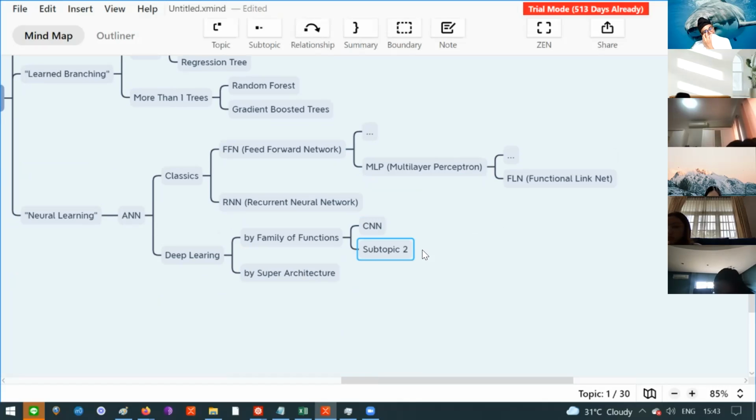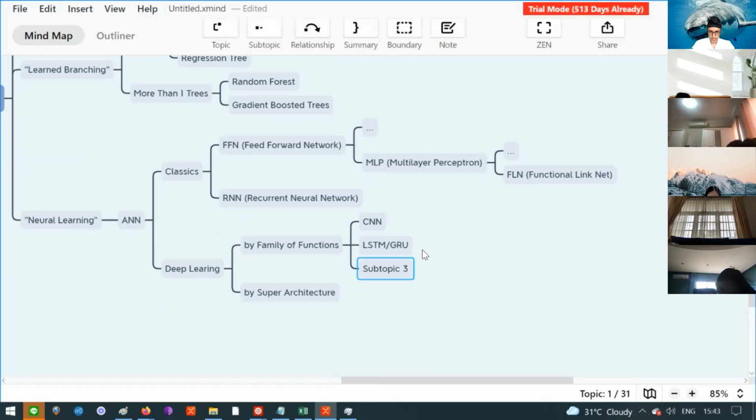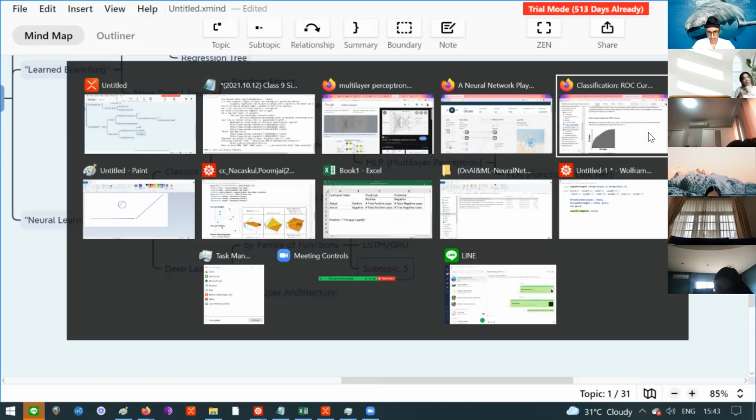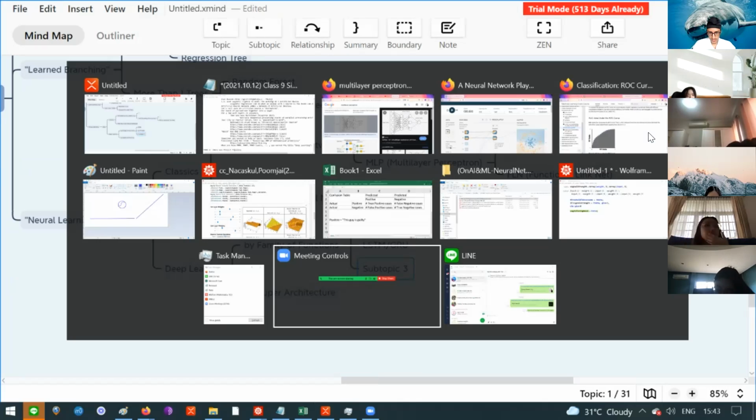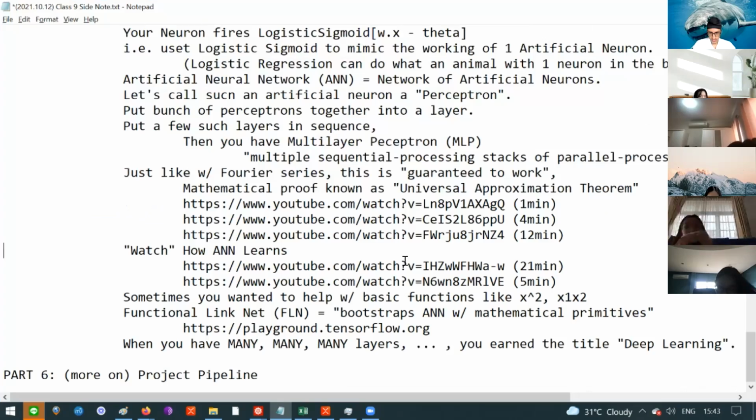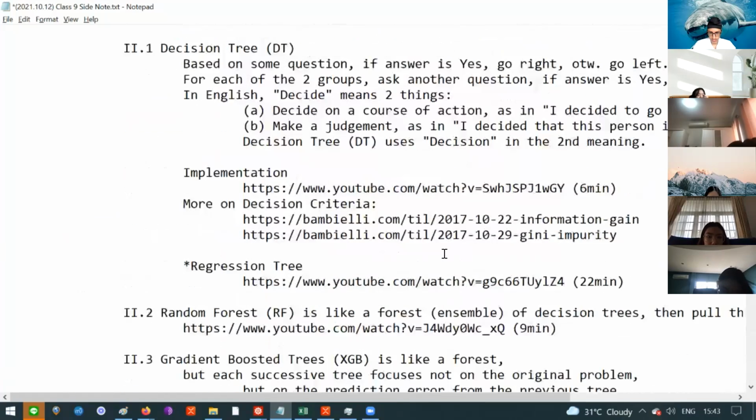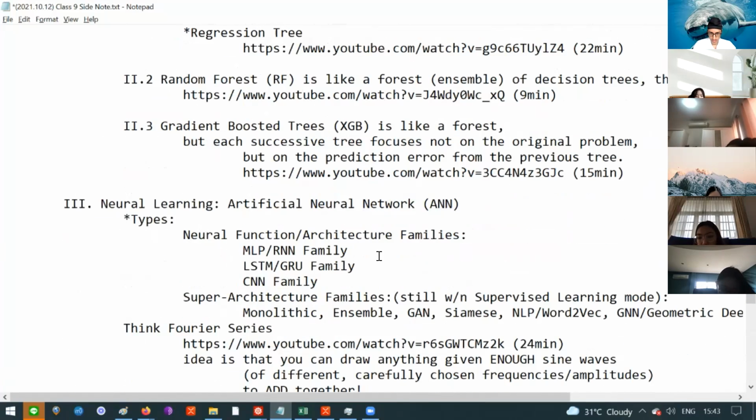You have other families, and you have some kind of stuff, and then you have other things. But let me see which one. Where did I put it? Types. Okay.